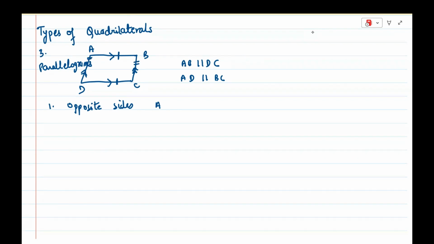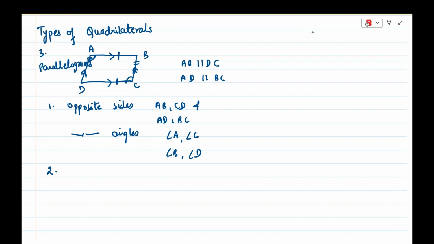So there are two pairs of opposite sides, AB and CD, and AD and BC. In the same way, opposite angles. What are opposite angles? The ones which are diagonal, like A is opposite to C. So angle A is opposite to angle C and angle B is opposite to angle D.